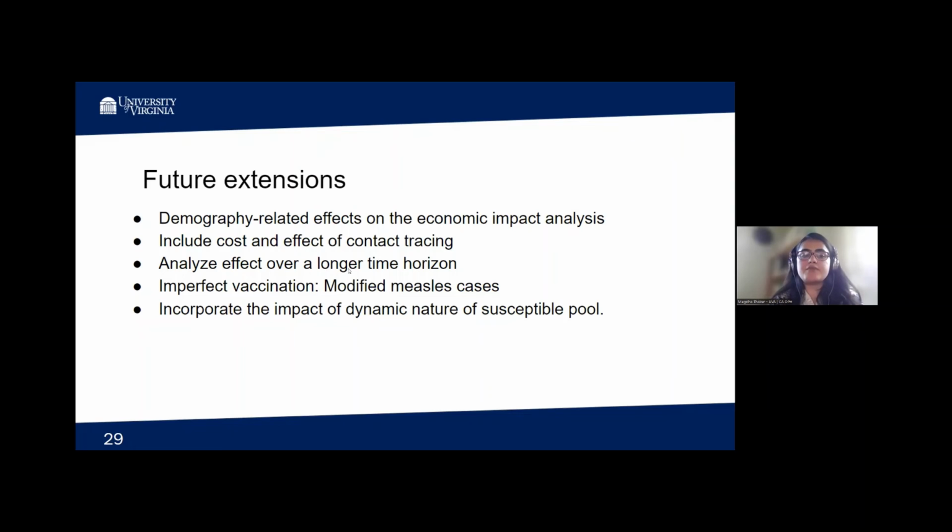We also would like to do some longer horizon experiments where we actually know the outbreak size, and look into modified measles cases, and also instead of looking at a fixed pool of nodes, if we have a dynamic network, how that will change things.